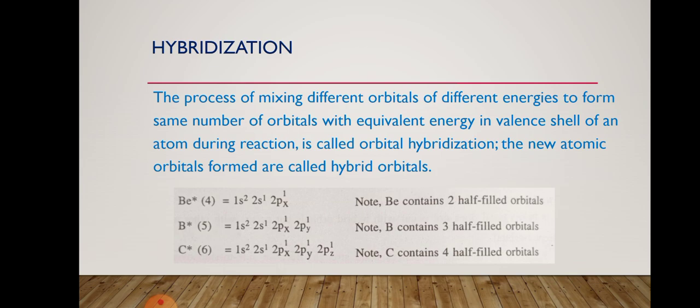The process of mixing different orbitals of different energies to form same number of orbitals with equivalent energies in valence shell of an atom during reaction is called orbital hybridization. The new atomic orbitals formed are called hybrid orbitals.